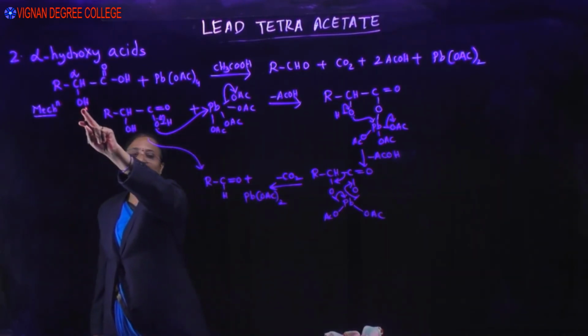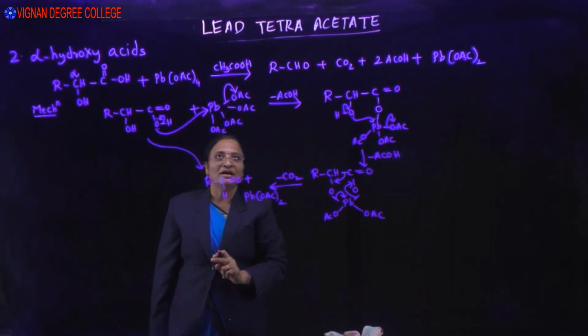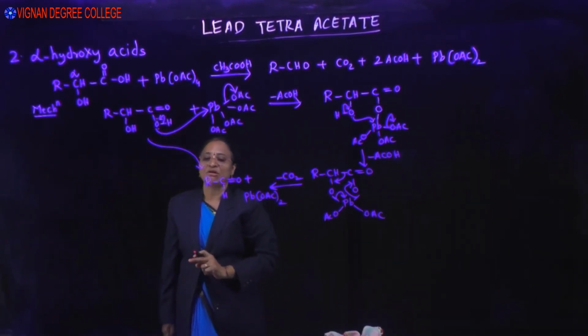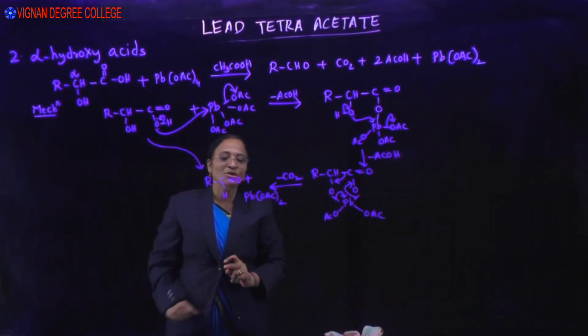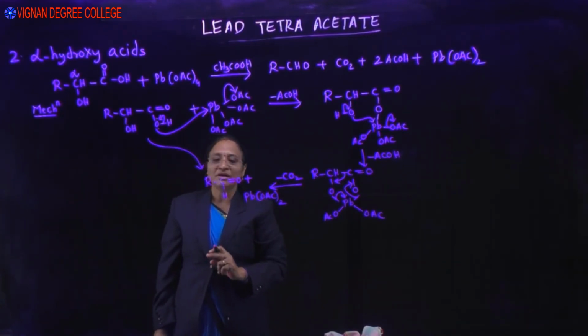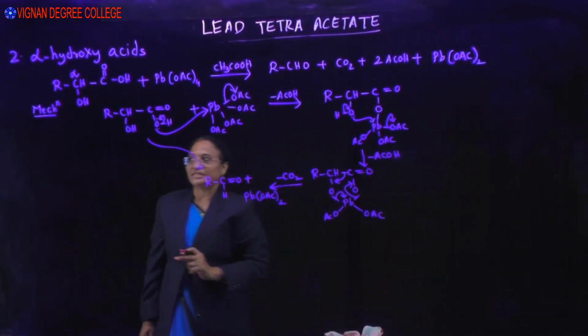So primary OH, the hydroxy group, is converted into the aldehyde group with the elimination of carbon dioxide. So it is called as oxidative decarboxylation of alpha hydroxy acids to aldehydes. So the aldehydes are the products that are formed by using your alpha hydroxy acids undergoing oxidation with lead tetraacetate.